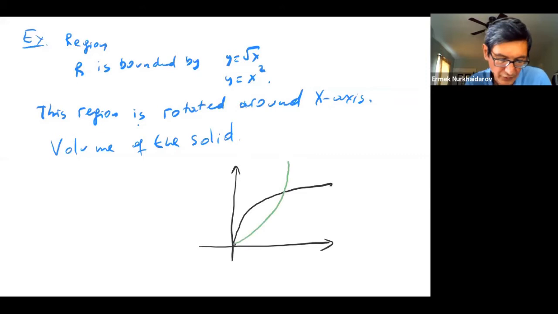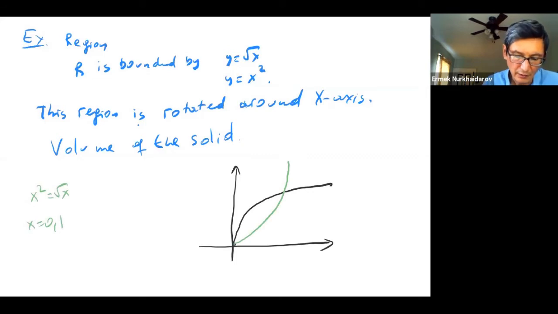Okay. Intersection point: x squared equals root of x. So x equals 0 or x equals 1, whatever your favorite way to find that. You can either eyeball it or, for example, square both sides: x to the 4 equals x. From here, x to the 4 minus x equals 0, x times (x cubed minus 1) equals 0.